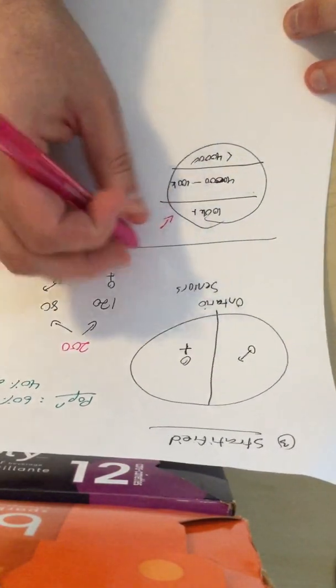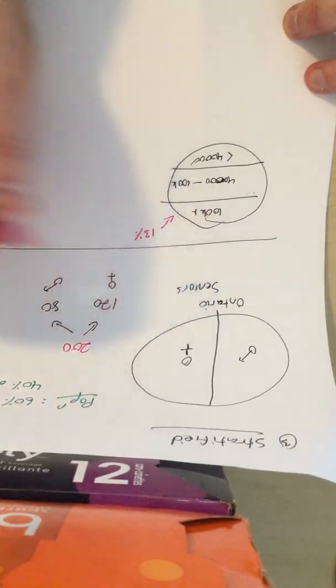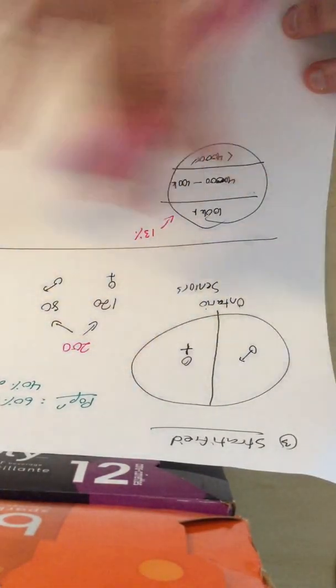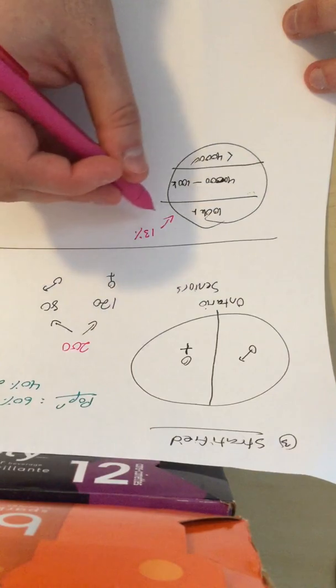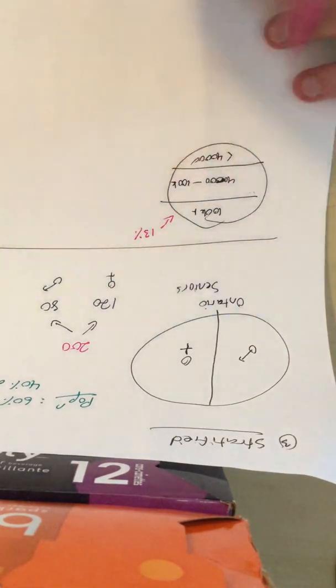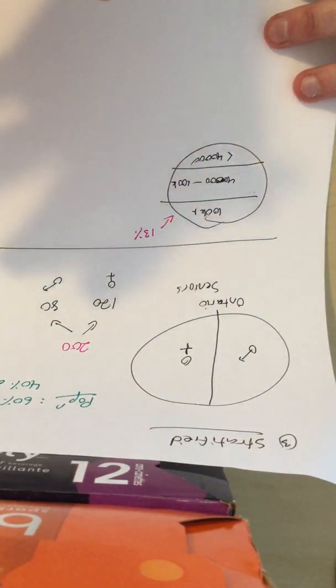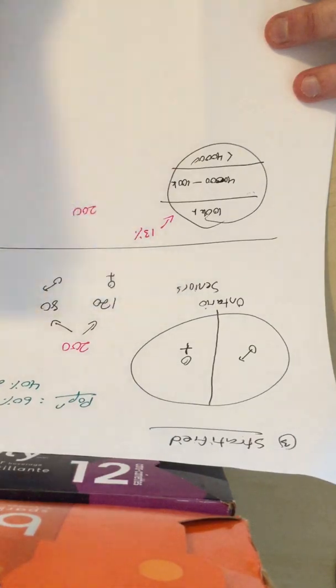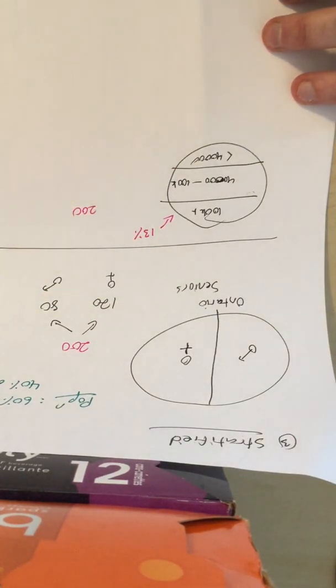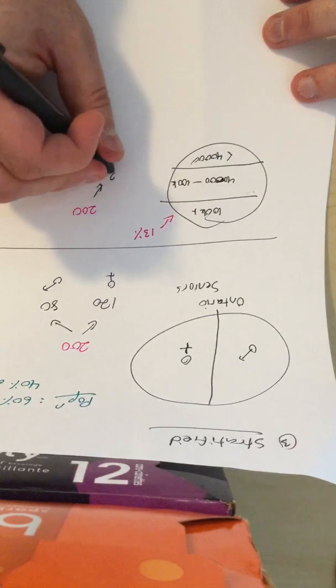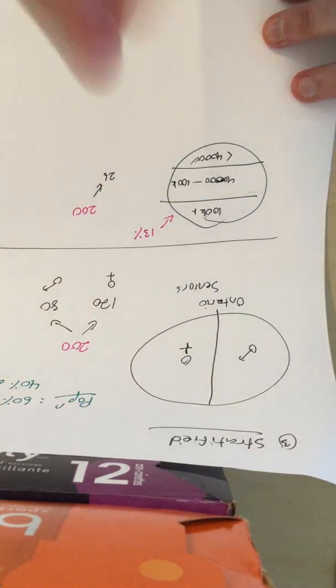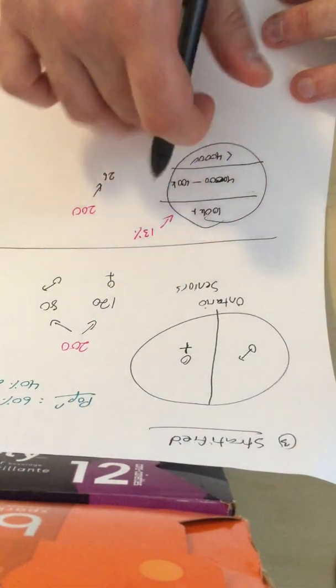So let's say 13% of the Ontario population, being Ontario seniors, makes more than 100,000, then we would make sure that 13% of the sample was also that, right? So it would be like 26 people who are making more than 100,000, and then divide up the other ones.